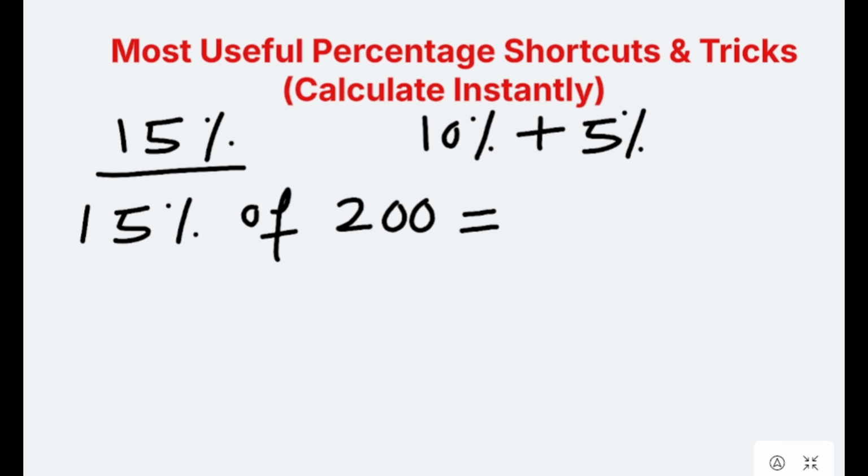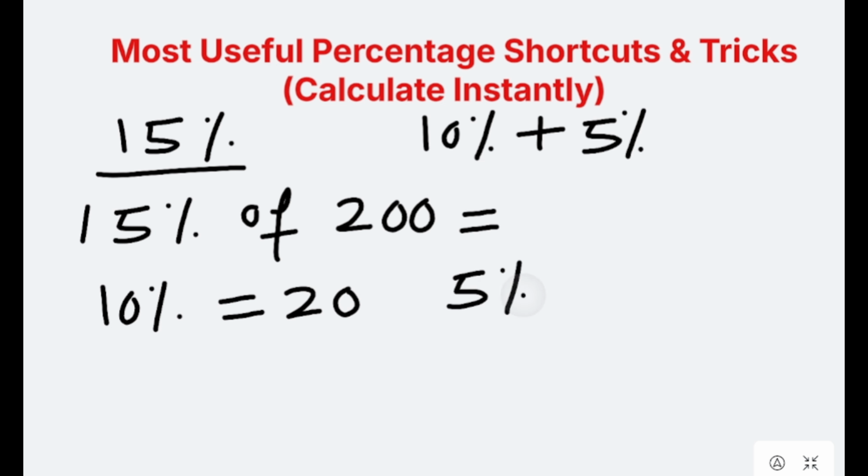Remember, what is the trick for 10%? To find 10% of a number, you move the decimal one place left, right? So what is 10% of 200? That's going to be 20. We are moving the decimal one place left. Then what is 5%? To find 5% of a number, you do what?